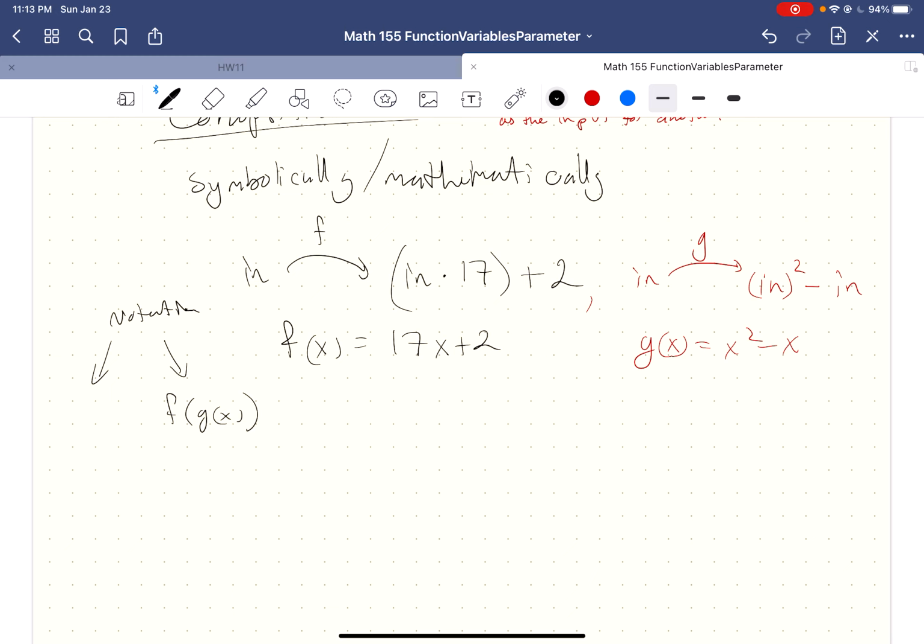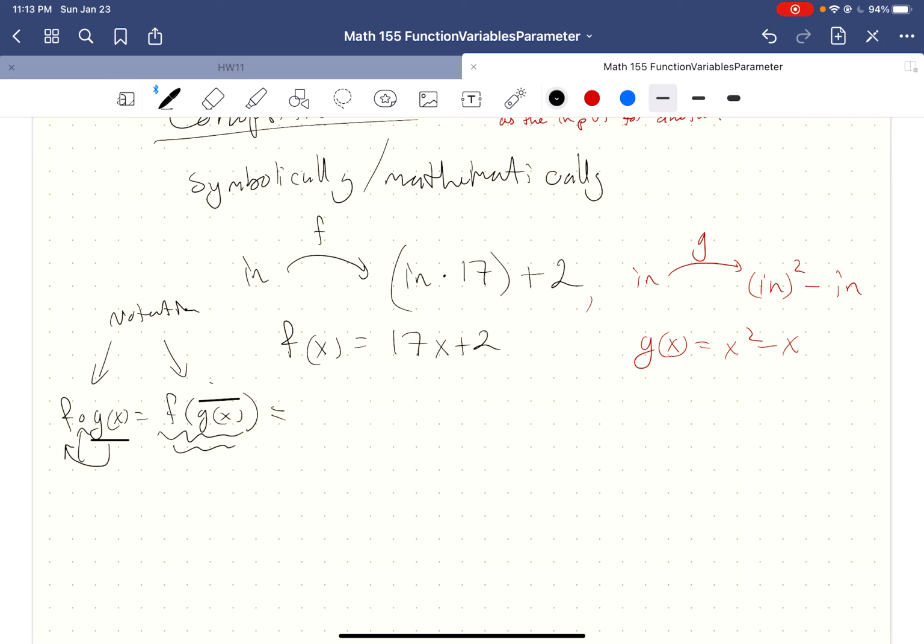The most common is to do one function inside of what's called the argument of the other. The other notation is circle notation, which is this little open circle, and it just means you compute g of x first, and then you feed that output into f of x.